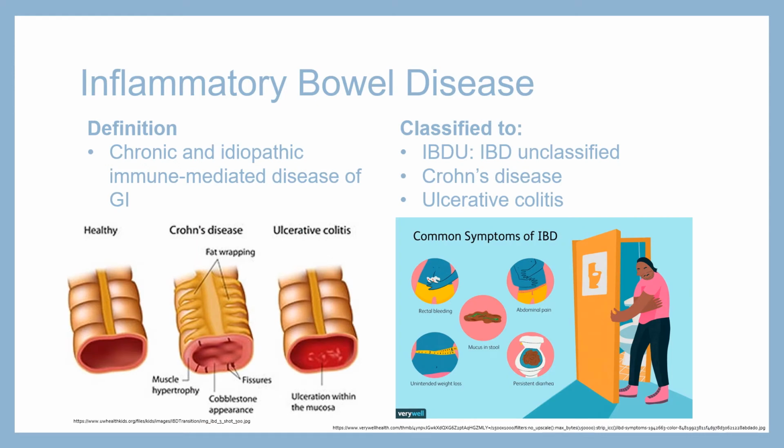IBD is a chronic and idiopathic immune-mediated disease of the GI tract, and mainly it can be classified into Crohn's disease or ulcerative colitis. If there's a presentation that seems to be a mix of these two, or if it's hard to differentiate according to the patient's presentation, it can be classified as IBD-U, or IBD unclassified.